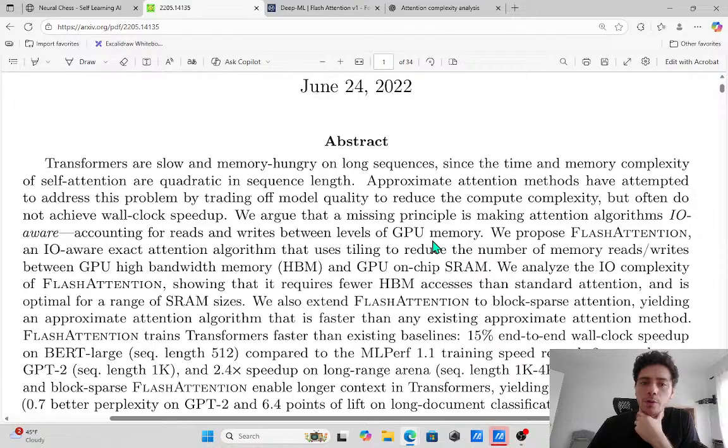Between GPU memory. Okay. My knowledge on GPUs is not the best, but I guess that's why we're reading this and trying to learn more about it. Any questions or any thoughts? We got one person in the chat.